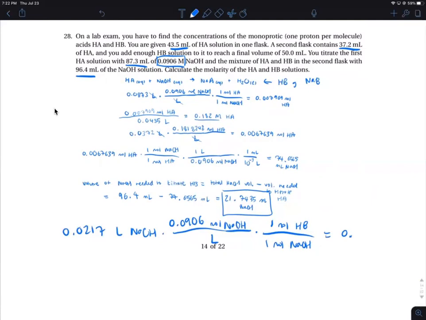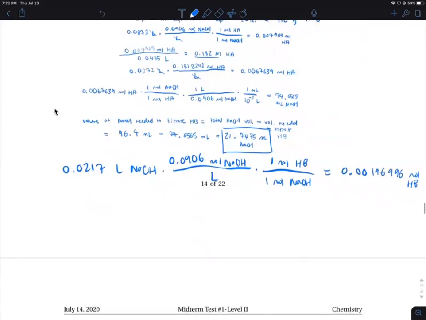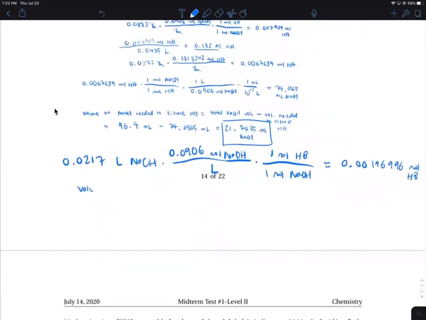We do the calculation, we get 0.0019 moles HB. All right, and then finally we can go ahead and take the volume HB. We know that volume HB plus volume HA is going to give us the total volume, or just the volume of the mixture.